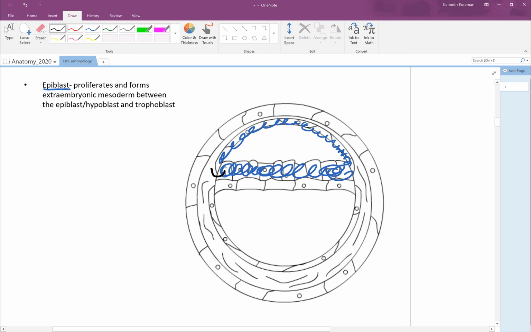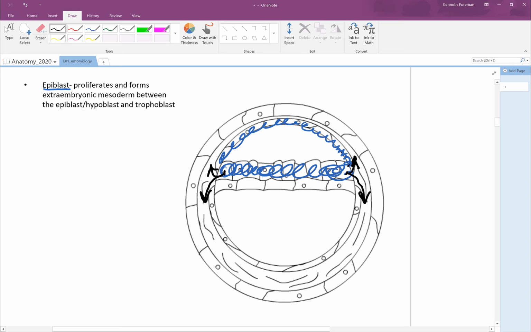So they're going to basically grow into the space between the epiblast and the hypoblast and the trophoblast. Okay? So these are going to proliferate and continue to grow, and then they're going to migrate in between these layers.